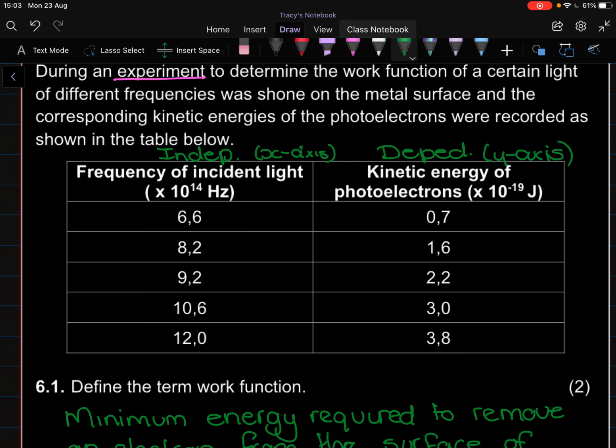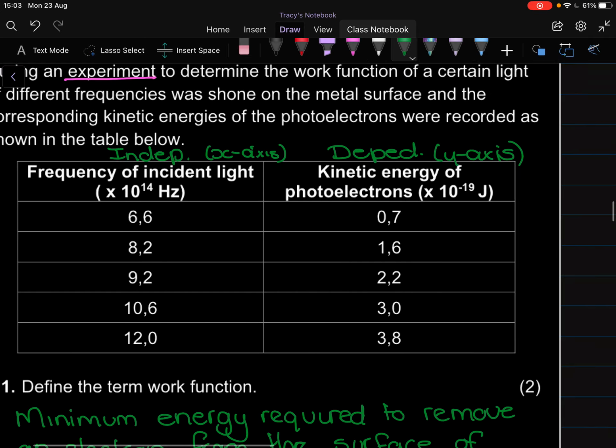And here, we need to look at what happens when we plot it, as to whether it's going to be a curve or a straight line. And this is going to be a straight line. A curve doesn't make any sense. We know there's a proportionality between frequency and kinetic energy. If frequency increases, the kinetic energy increases. So it's fairly straightforward.